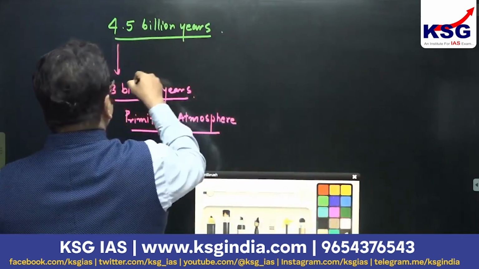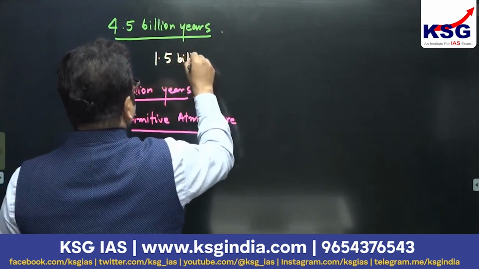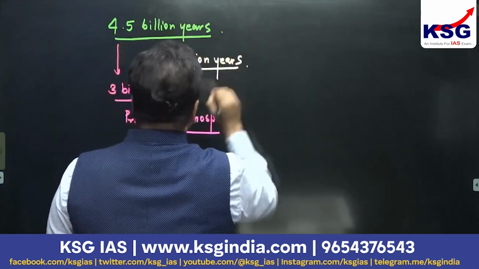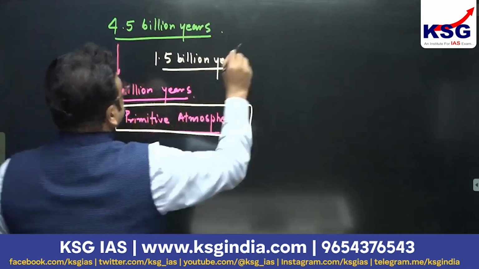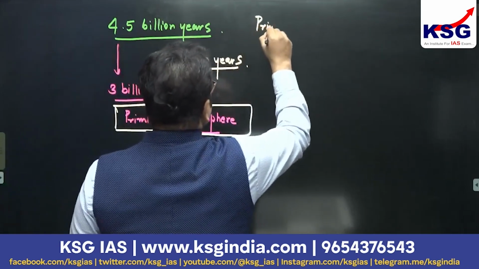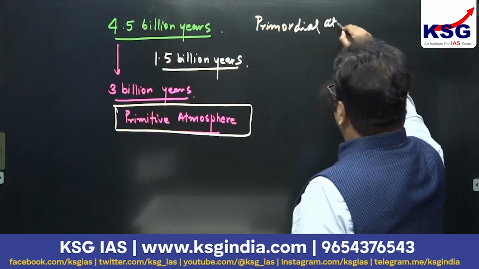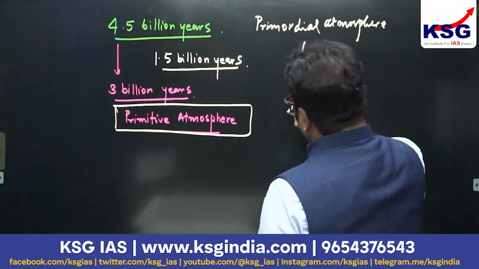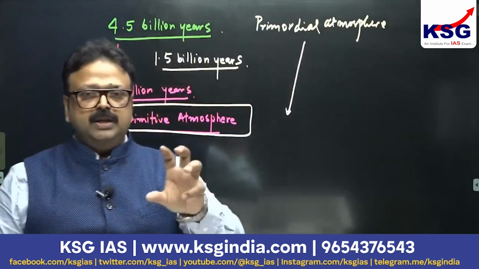So this 4.5 to 3 billion, almost 1.5 billion years elapsed in the formation of this primitive atmosphere. That means from the vanishing of the primordial atmosphere up to this primitive atmosphere state, it has taken almost 1.5 billion years.